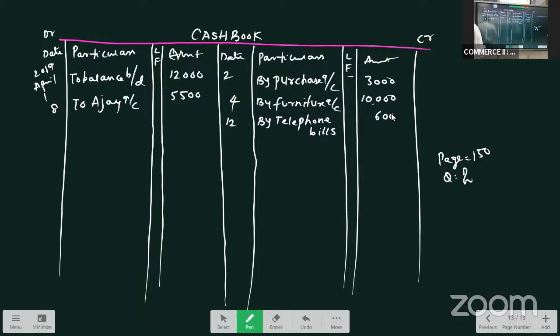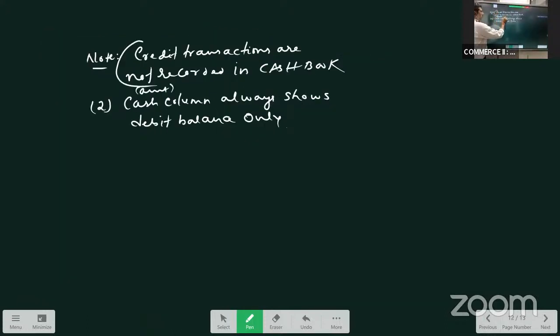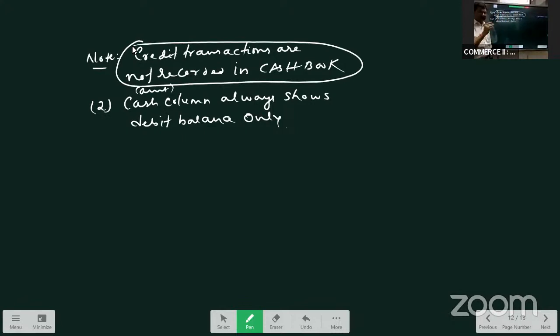It is a payment. Next, sold goods to Nikhil. We will not take this entry. Sir, why? When the name of the party is given, it means it is a credit transaction, and as we know, we will not take credit transactions. Sir, how did you make out that it is a credit transaction?